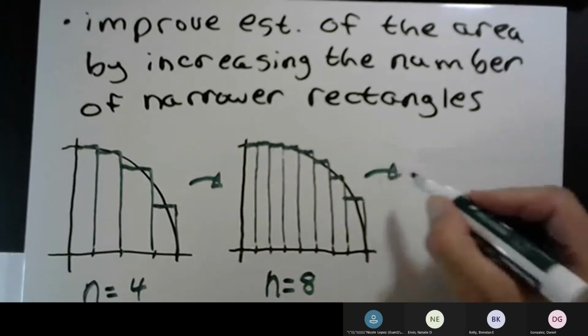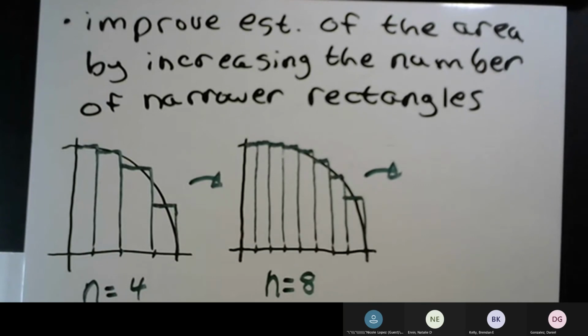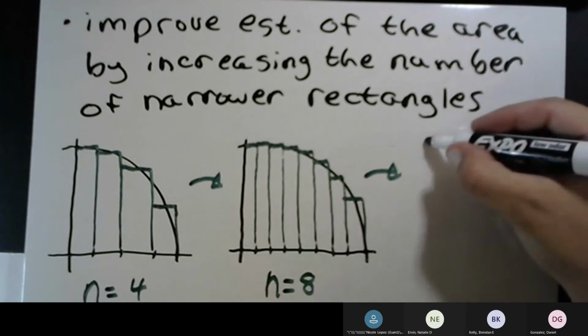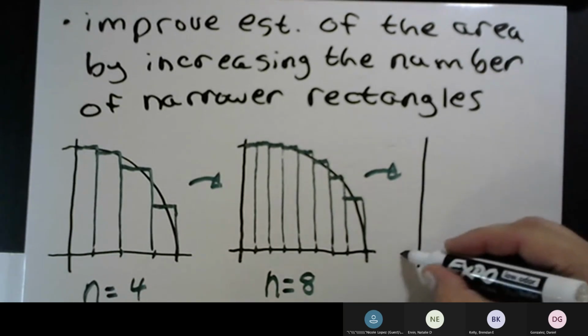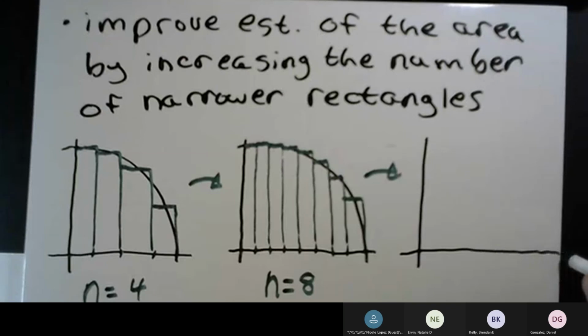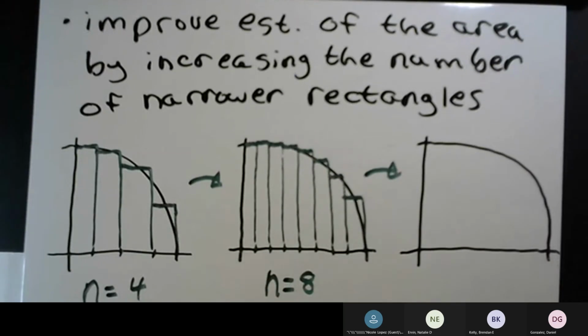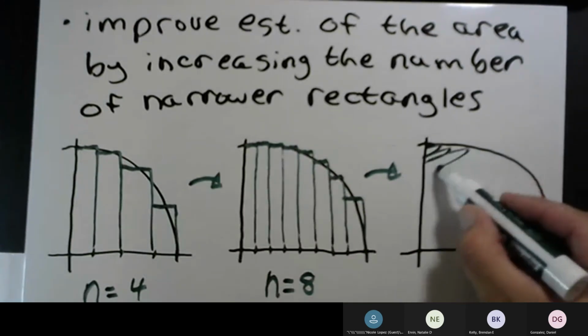And so this is where the calculus part comes in. With calculus, we've been toying with infinities or maybe making things smaller and smaller. But if we made these rectangles infinitely narrow, we could fit, in principle, infinitely many in this area.